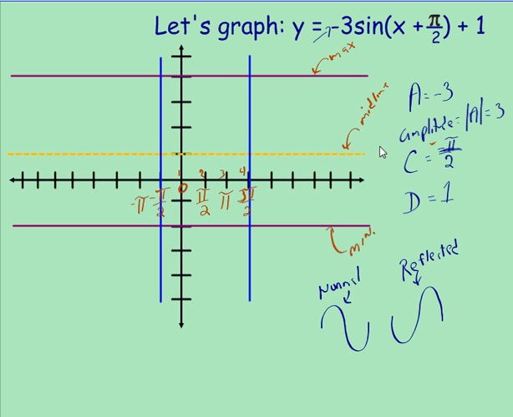So we know that sine starts at the midline. So on our starting point, we are at the midline. On our next point, we're going to be going down because it is a reflected graph. At the third spot, we'll be back at midline, up to our maximum, and back to our midline. And our final step is always to draw our curve.